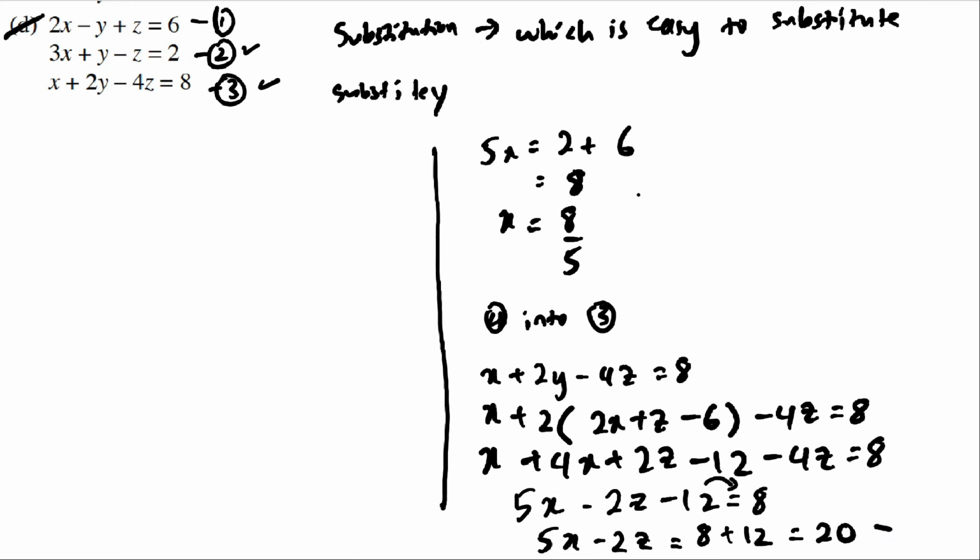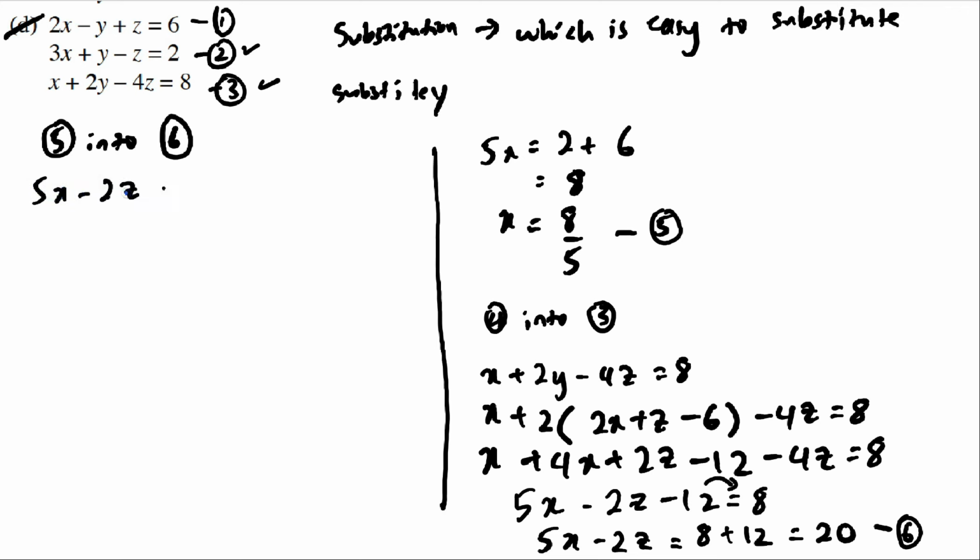So this is actually 5, and this one is 6. So you see here we have this one, 5x minus 2z is equal to 20, and here we have x. We can substitute 5 into 6. When we substitute the value of x inside the equation, we will get the value of z.